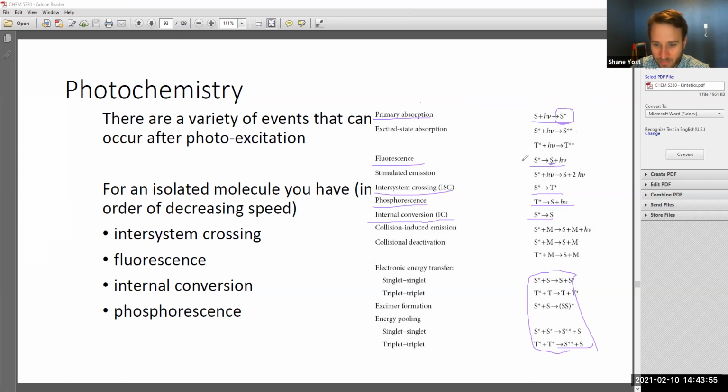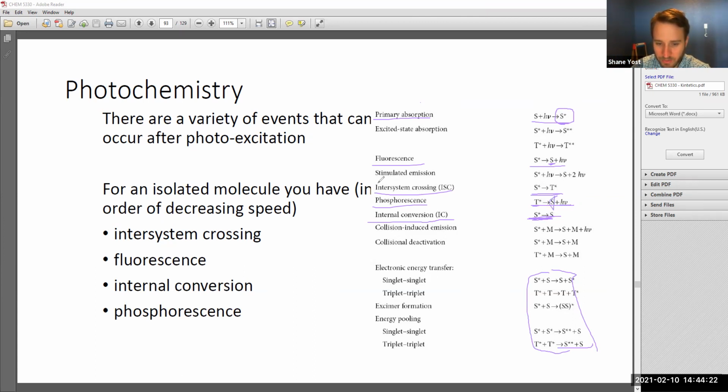Now it can get there by fluorescing, undergoing fluorescence. You can get down there by internal conversion, where you release that energy through heat and kinetic energy and things like that. Or you can do intersystem crossing, which forms a triplet state, and then that triplet state can do phosphorescence to form the singlet ground state again.